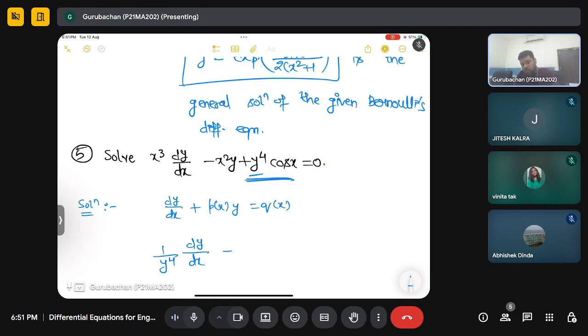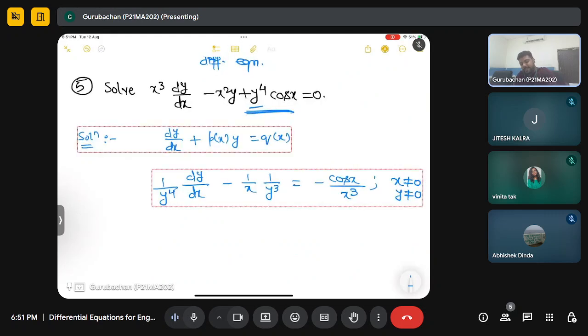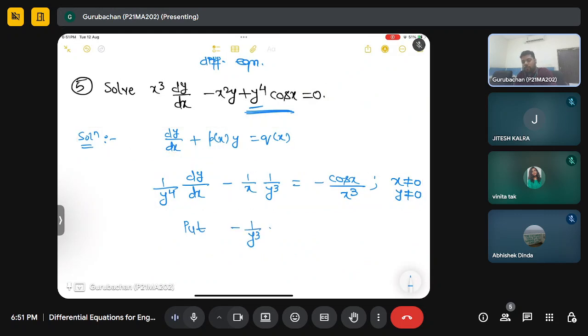So this will give you minus 1 by x y cube is equal to minus cos x divided by y cube. Again, x cannot be 0, in fact y cannot be 0. Now it is clear that we need to put minus 1 by y cube is equal to some z.